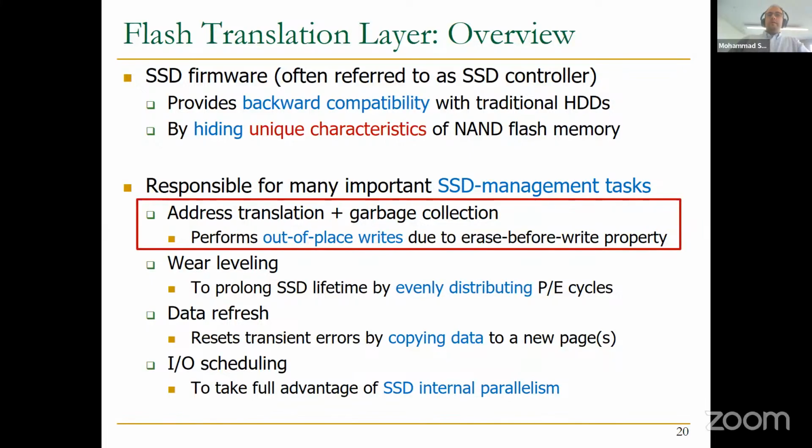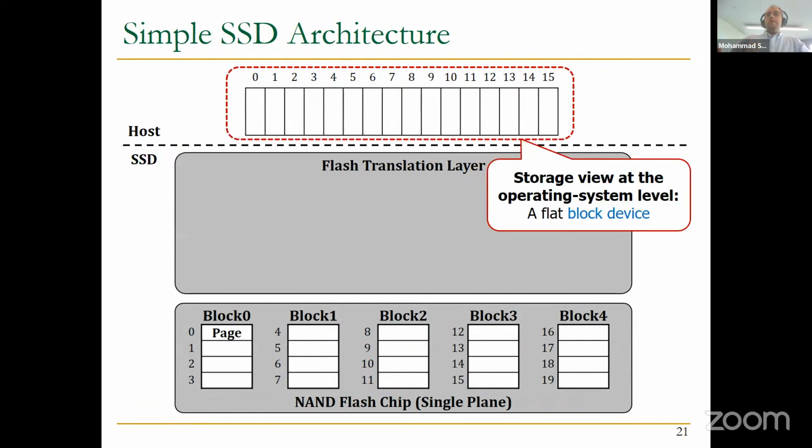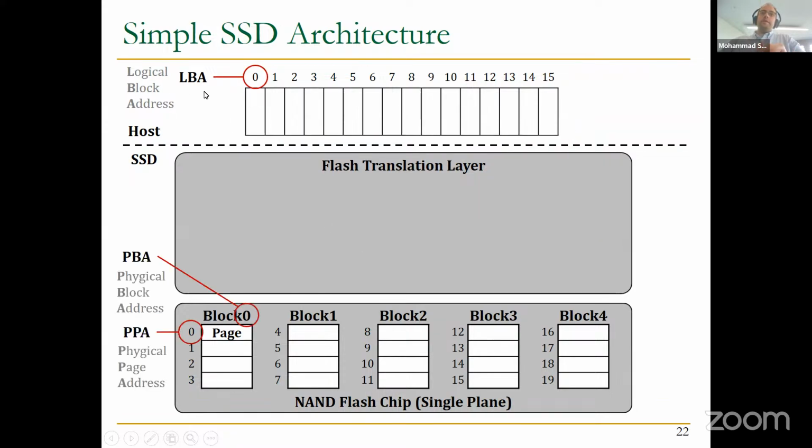So today we're going to start our discussion on address translation and garbage collection. This picture provides a simple SSD architecture. This is a storage view at the operating system level, that is, a flat block device. Here we consider 16 blocks. Each entry here is a logical block address.